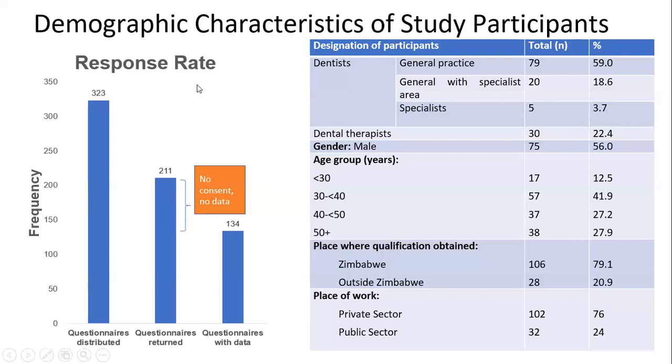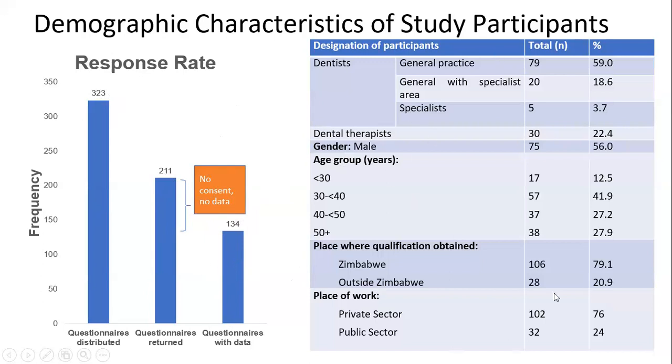The study was covering both dental practitioners and dental therapists. We had 211 responses, but 72 had no data. I think these ones did not consent, and ultimately we had 134 questionnaires with responses that we then used for the actual analysis.